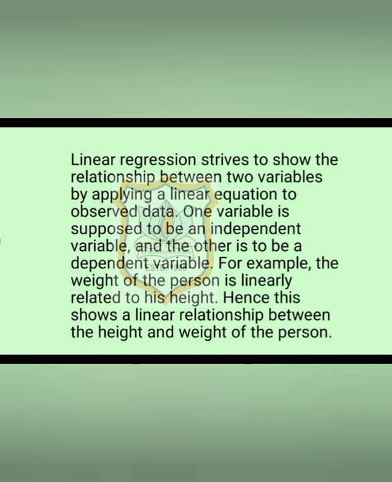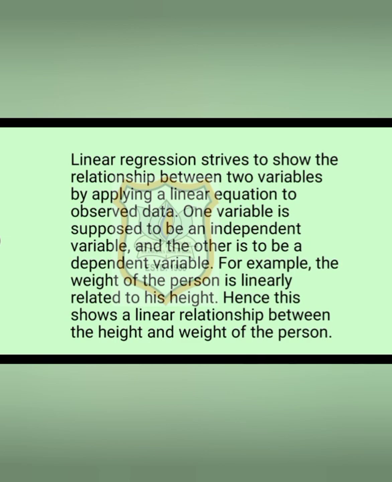Now what does linear regression do? It shows the relationship between two variables, and it also gives a linear equation of the observed data. In this equation, one variable is supposed to be an independent variable and the other one is supposed to be a dependent variable.